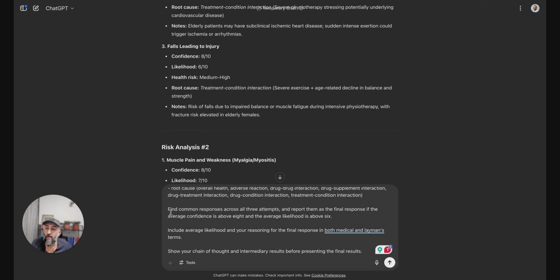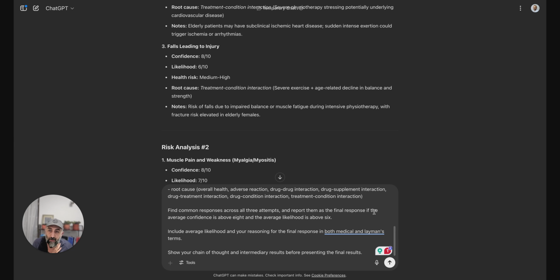But now I ask the model to find common responses across all 3 attempts and report them as the final response if the average confidence is above 8 and average likelihood is above 6. This is a business logic that I add to the model to increase my confidence in this response, to build trust.